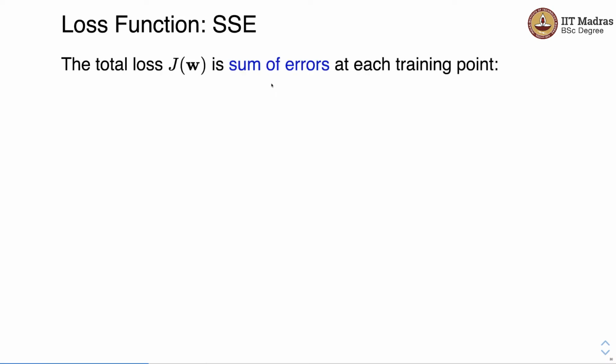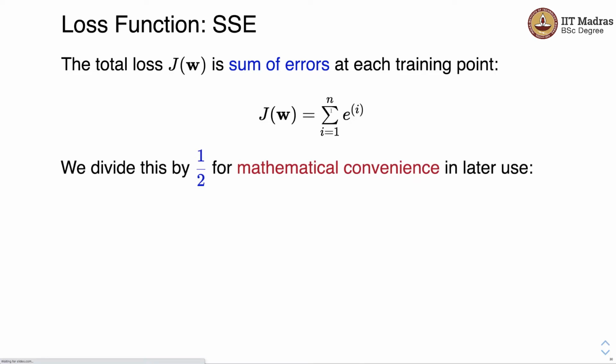So the total loss J(W) is sum of errors at each training point. So J(W) is sum of error across all n training examples. We multiply this by a factor of half for mathematical convenience later.